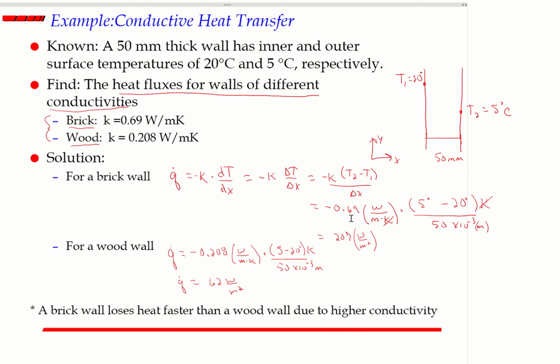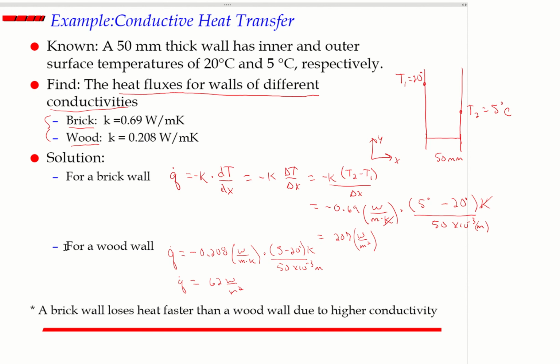And if you solve this, you'll get the heat flux as positive, meaning it's going in the positive direction, going from hot to cold. The answer would be 207 watts per meter squared. So that's the rate of heat transfer per area, which is flux. Okay, so you would get a heat flux of 207 watts per meter squared.